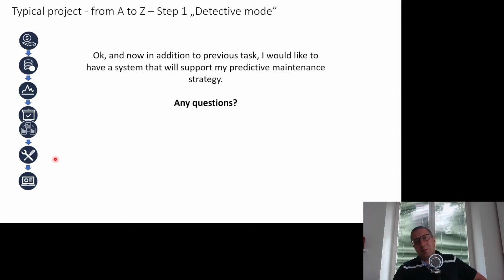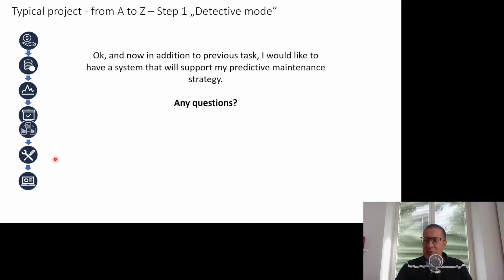So you should ask, what kind of problems do you have with your devices? Do you have devices that are broken very often? Do you have problems with particular failures of a particular part of the process, particular devices?